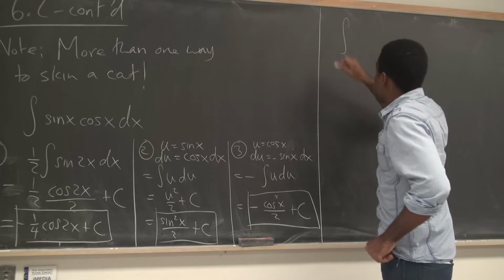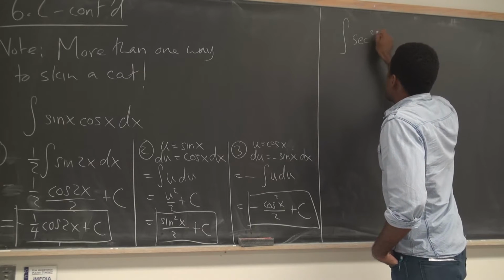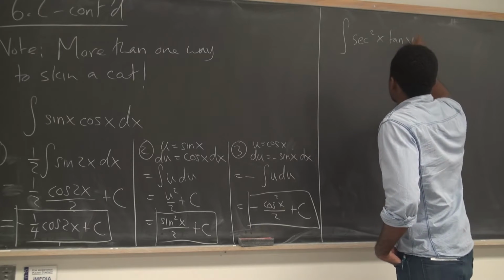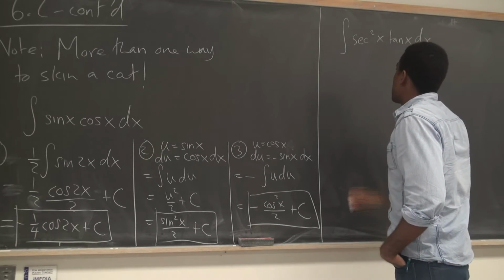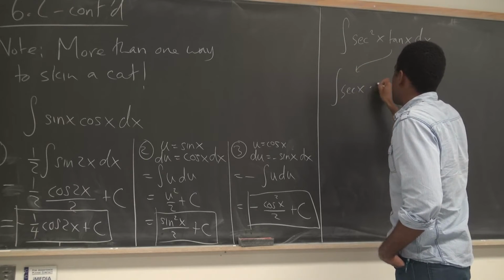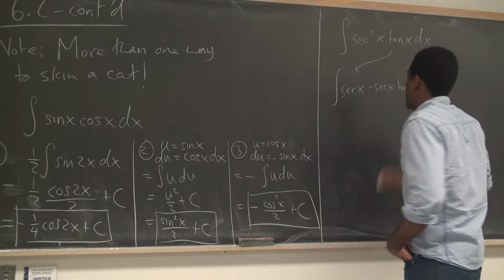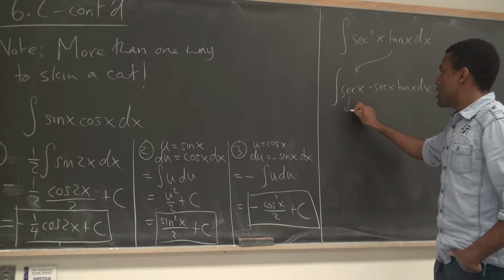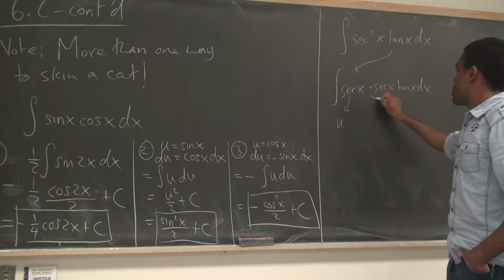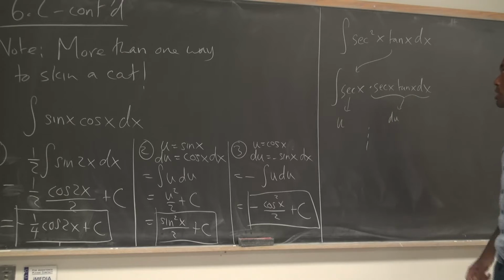We did an integral, I think, last time, secant squared x tangent x. And in class, what we did was, we wrote this as secant x times secant x tangent x. And we basically said u equals this guy, and so this guy would be your du, and we did the solution that way.